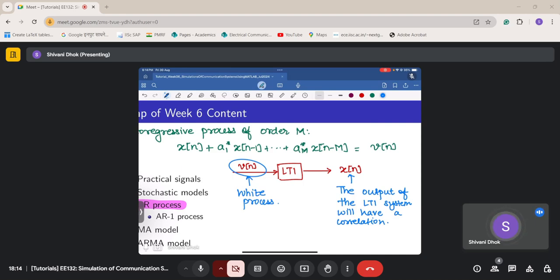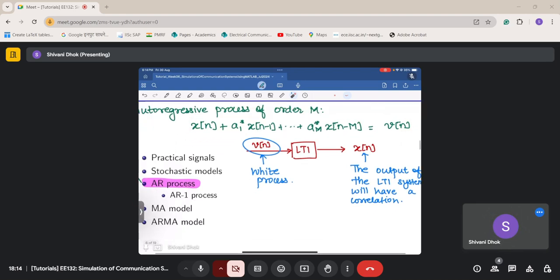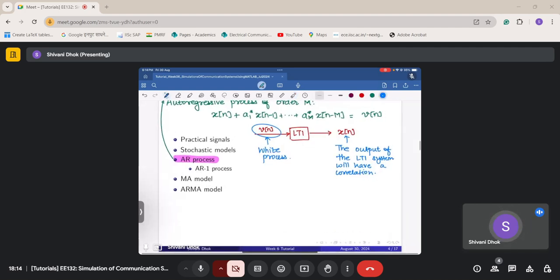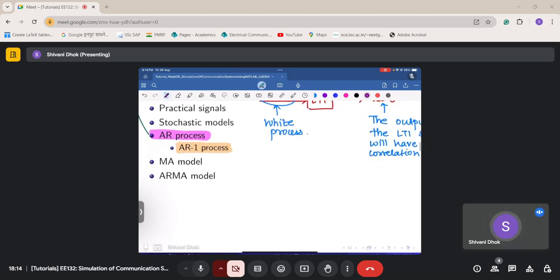And this difference equation which I have written here is the difference equation for an m order autoregressive process. Now there are some properties of this, and in order to understand the correlation properties, we initially considered the autoregressive one process, and after that we looked at something known as the Yule-Walker equations.